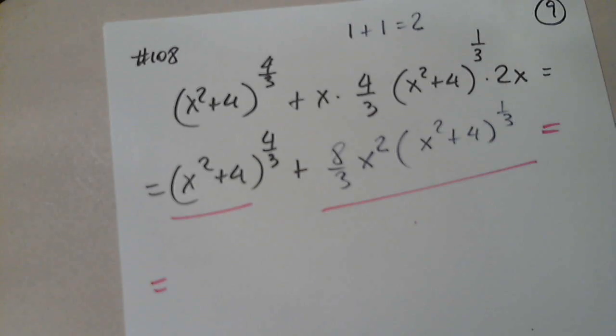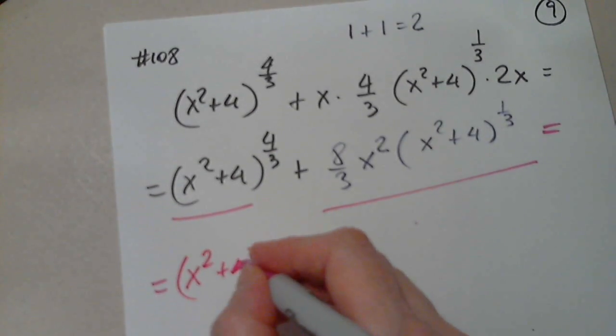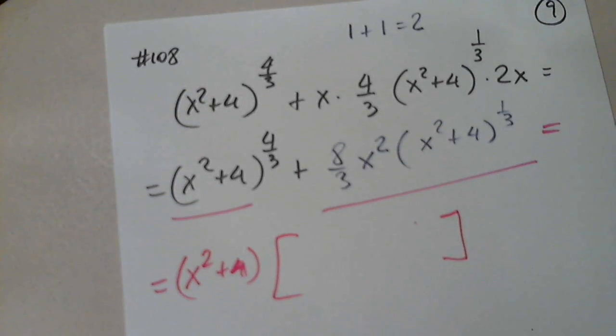The only common factor is x squared plus 4. Indeed, x squared plus 4. We have to decide upon the power, and then we'll decide what is left.